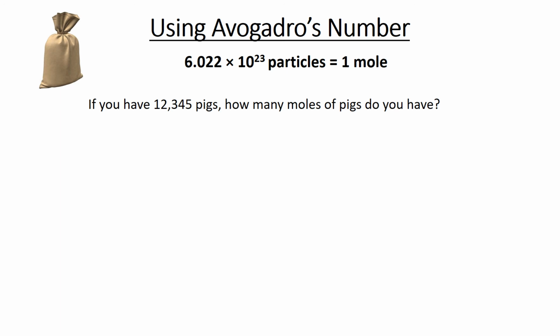We want to know how many moles of pigs we have. If you'll remember from dimensional analysis, the first thing we've got to do is write what we're given. So we're given 12,345 pigs. We're trying to convert that into moles of pigs. We have this interesting fact that 6.022 times 10 to the 23rd of anything is equal to 1 mole of anything.